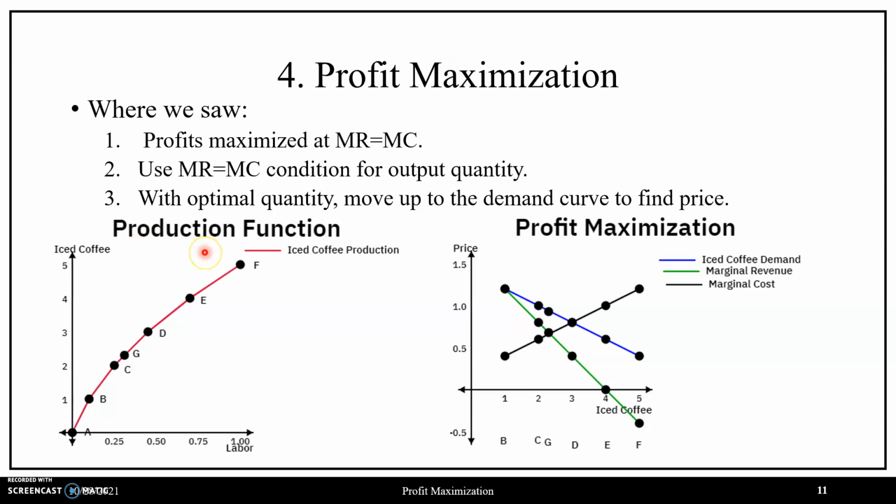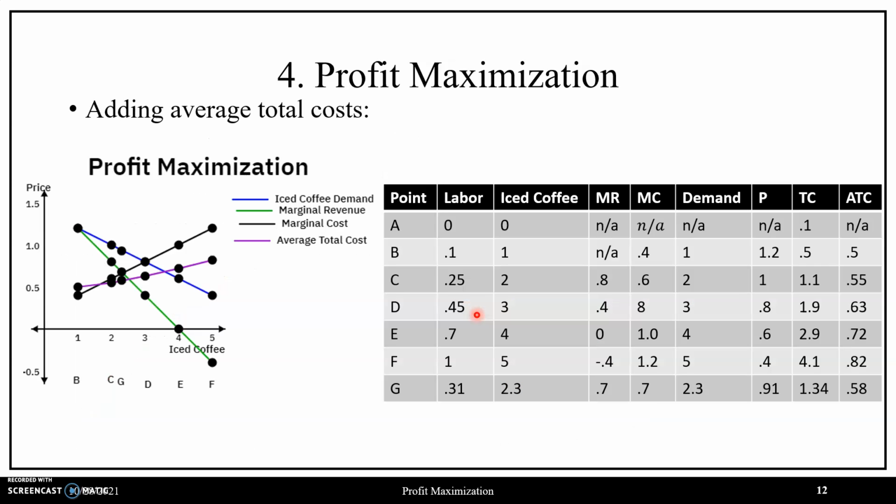We're looking at this bundle then, looking at a production function. This then entails going to point G, producing 2.3 units of iced coffee using 31% of our labor force. We're going to our profit maximization process. 2.3 units of iced coffee corresponds to when marginal revenue is equal to marginal cost, where our price point on the demand curve corresponds to 92 cents.